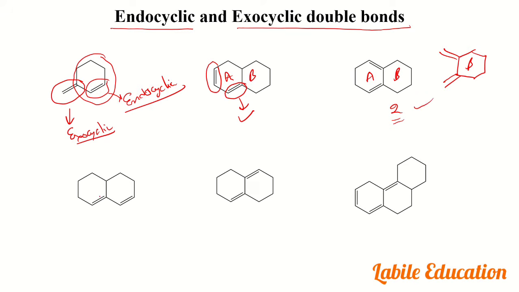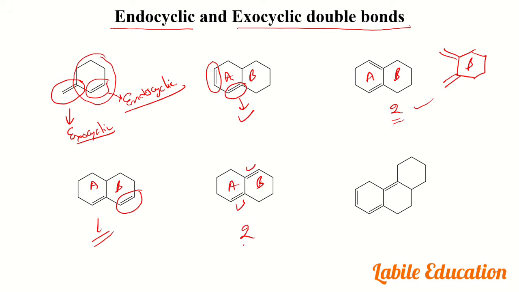Now here you can see there are two double bonds. This is endocyclic, right? Both the carbons are part of the ring, but this is endocyclic for ring A, but exocyclic to ring B because this is outside of the ring B. So there is one exocyclic double bond. There are two double bonds. So this double bond is exocyclic to B ring, and this double bond is exocyclic to A ring.